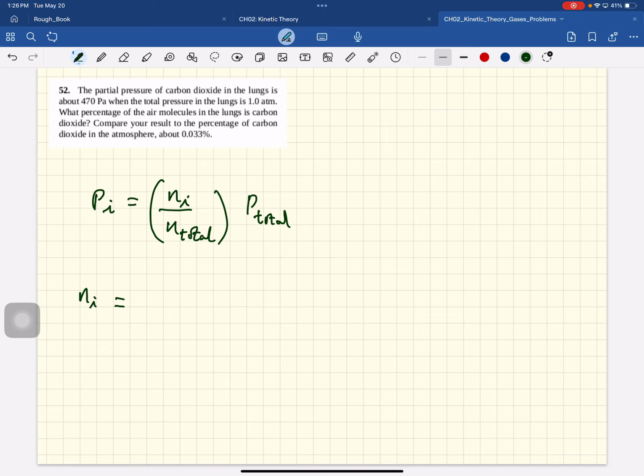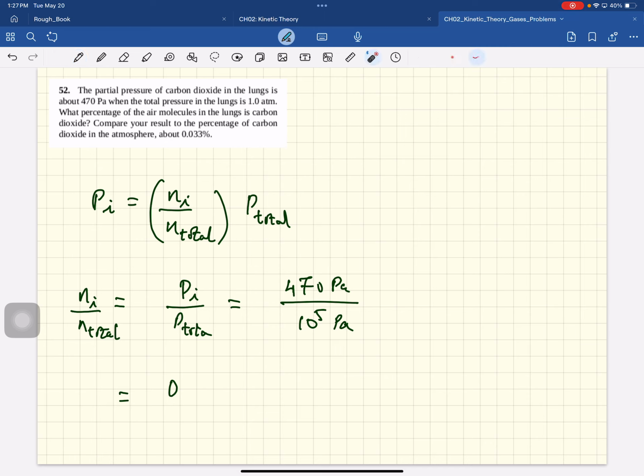So Ni over N total, the molar fraction, is Pi over P total. 470 pascals, and 1 atmosphere is 10 to the power 5 pascals. So this is 10 to the power 5, 1, 2, 3, 4, 5. So 0.0047 is the molar fraction.